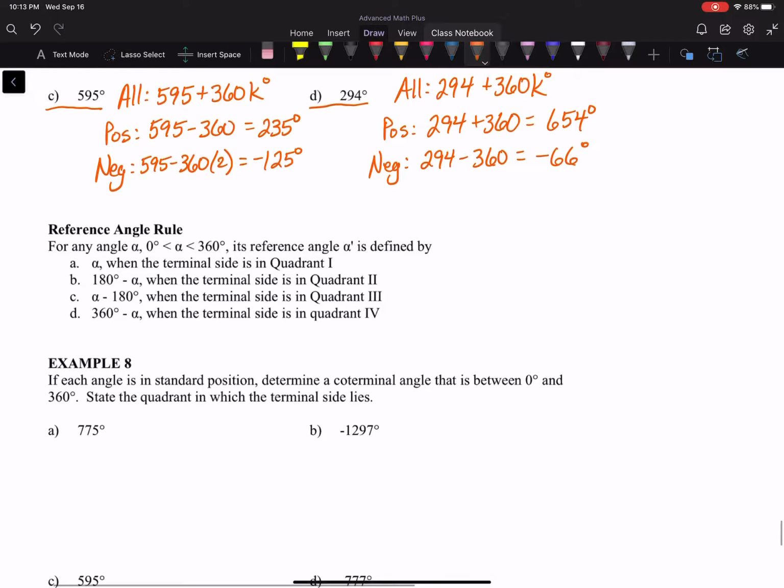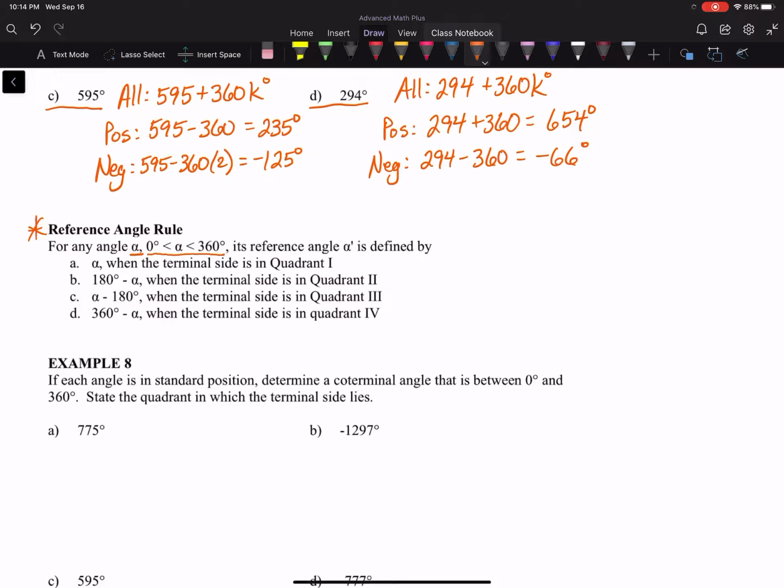All right, our last little example here, we're going to find reference angles. So here are your reference angles. It says for any reference angle alpha. Again, alpha is just like your variable. And notice alpha has to be in between 0 and 360.